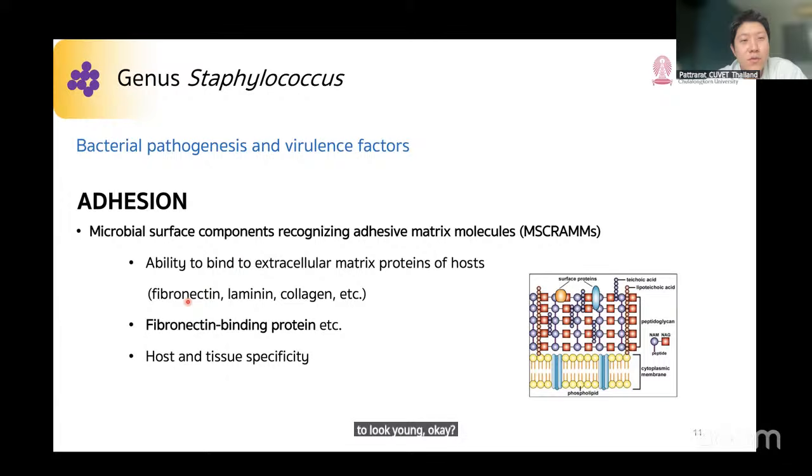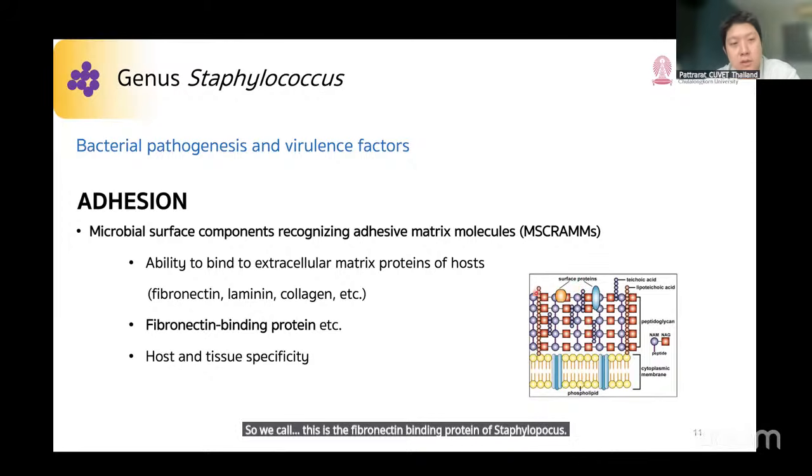For the bacteria, the proteins on the surface that bind fibronectin, we call fibronectin binding proteins of Staphylococcus.